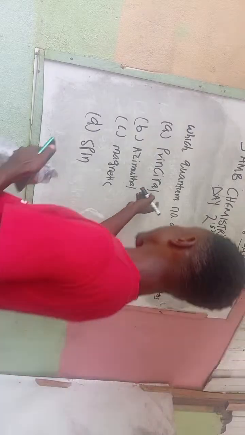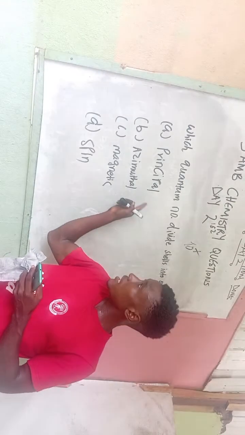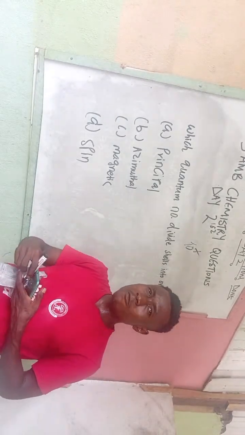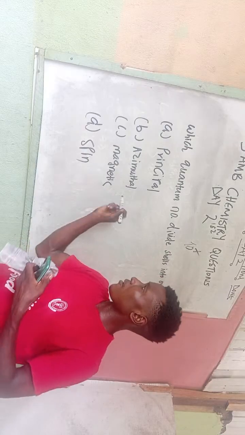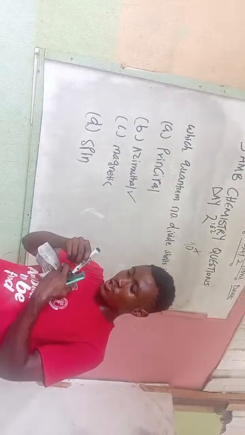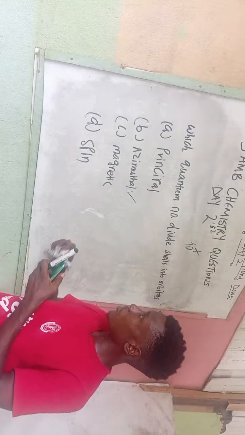Azimuthal is the quantum number that divides shells into orbitals. Some people corrected me in the comment section, so I checked again and found the answer is azimuthal, which is B, and not principal.